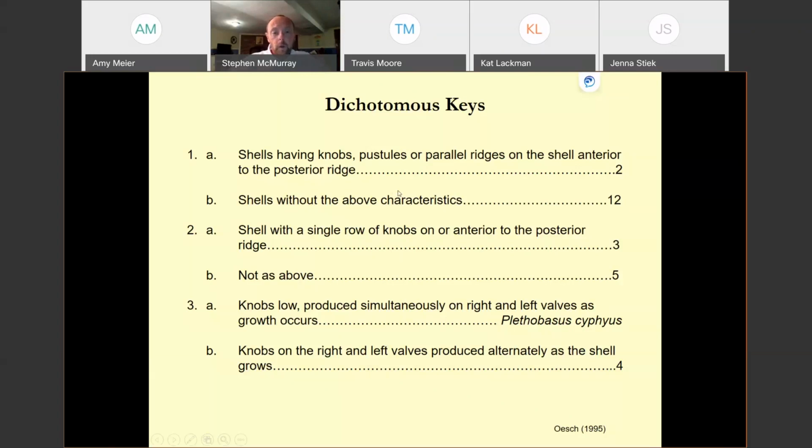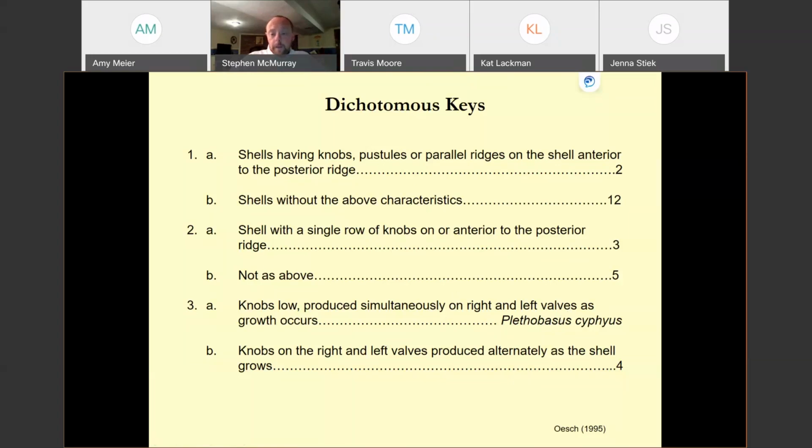And as we all know from following a dichotomous key, you have step 1, you have 2 choices. Either shells have knobs, pustules, or parallel ridges on the shell anterior to the posterior ridge, or they don't have those characteristics. And if you follow this down, eventually, if the shell in your hand is Ortmanniana... Orthoposis siphius, the sheepnose, then you get there. Easy peasy, right?